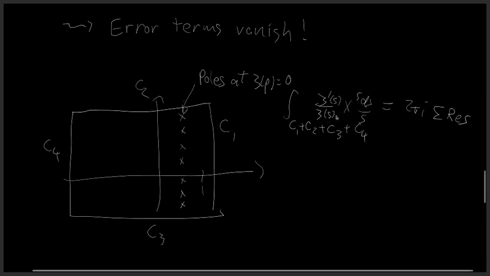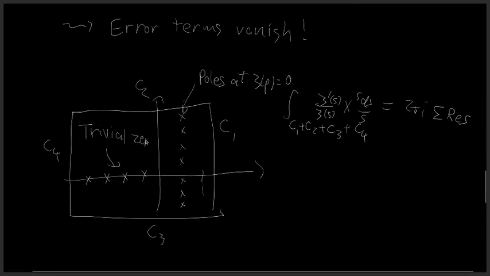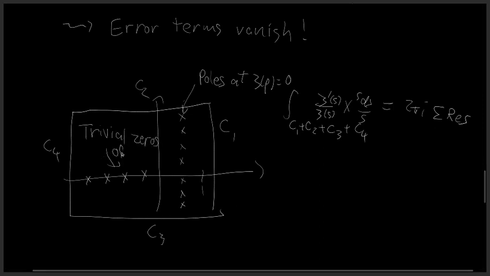So we have these poles coming from the non-trivial zeros of zeta, and we also have poles at the trivial zeros of zeta. So these are at s is -2, -4, ... all the negative even integers.